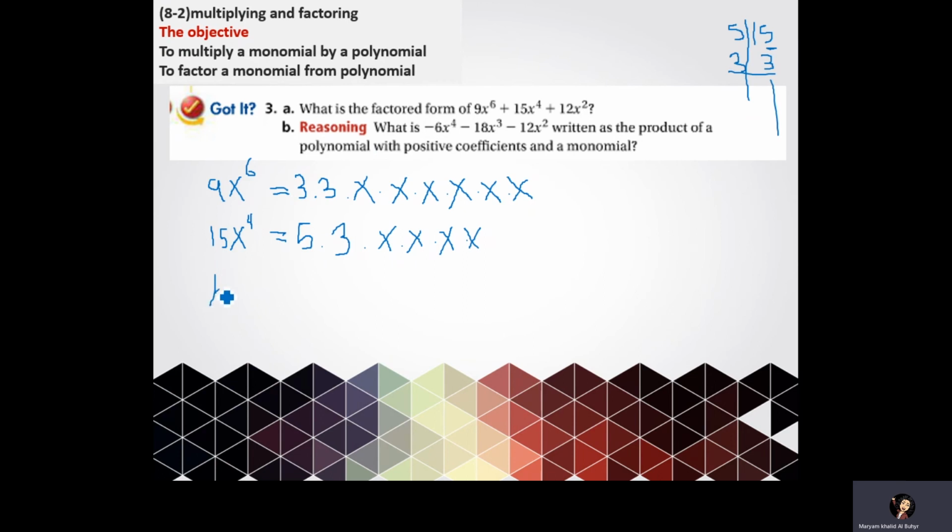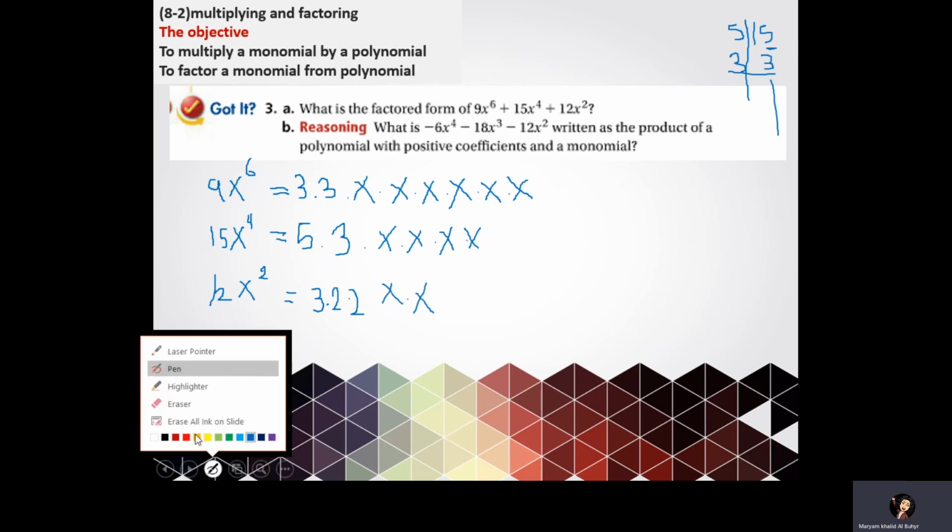So finally we have 12x squared. I can factor it out into 3 times 2 times 2, right? Because if you multiply 3 times 2 times 2, you will get 12 times x times x.